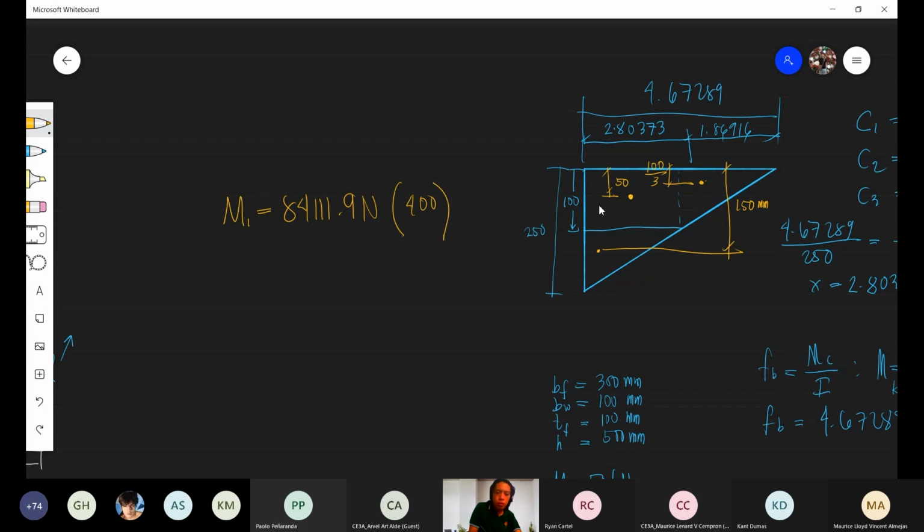That's the moment, M1, 33,644,000. In terms of kilonewton meter, divide it by 10 raised to 6.